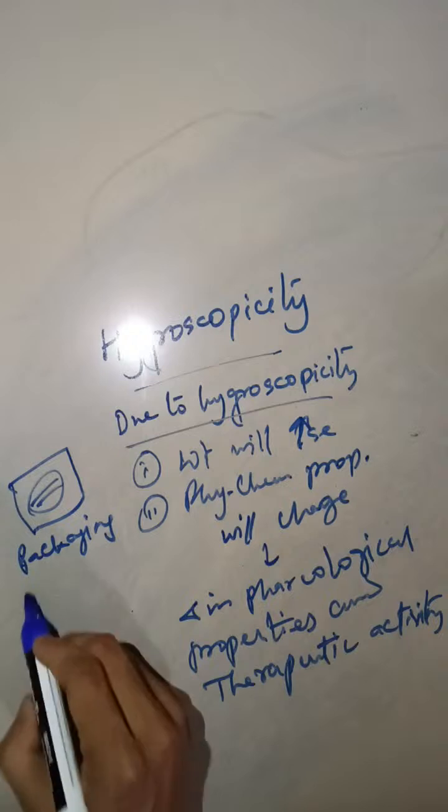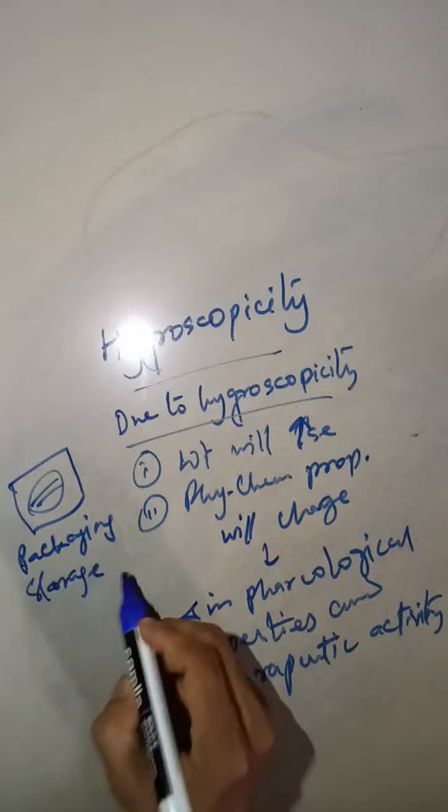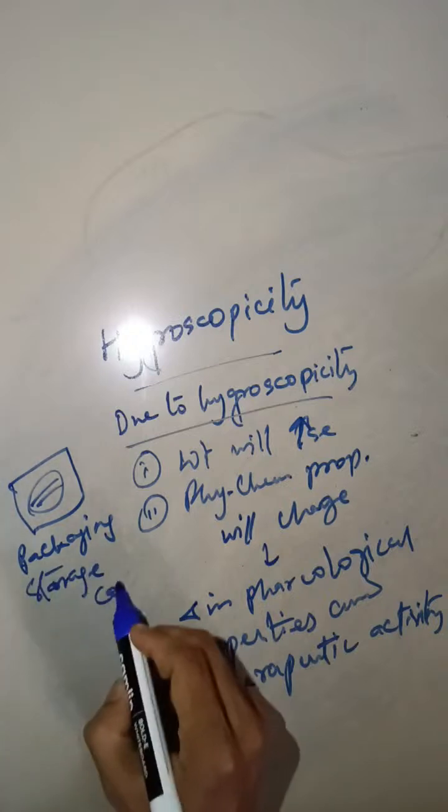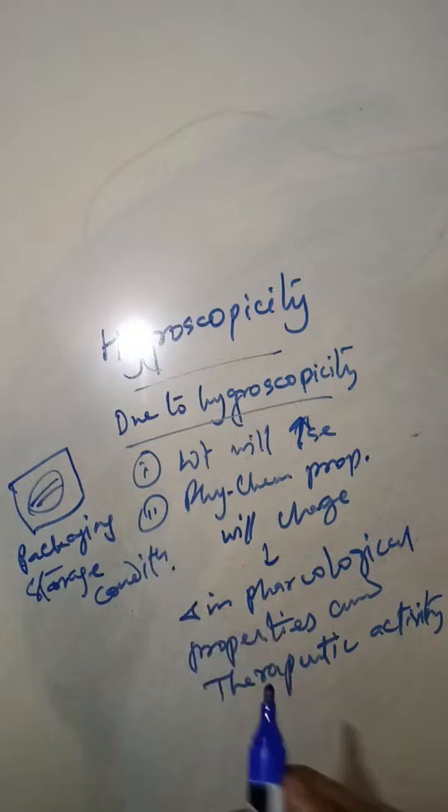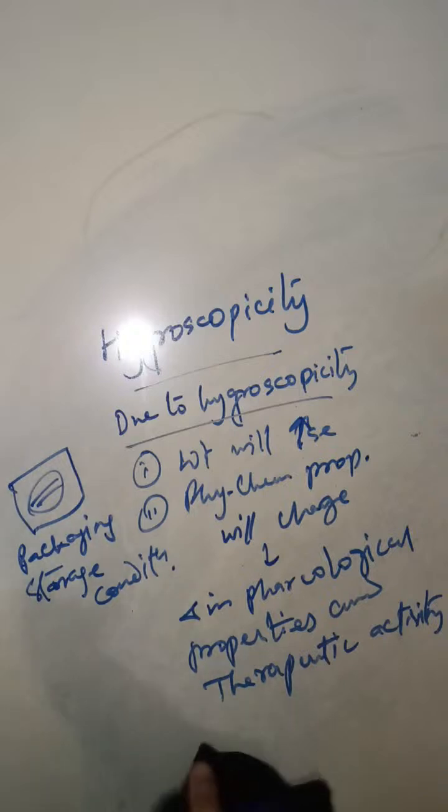Next, storage condition is also important. Next, there are three different types of hygroscopicity: one is slightly hygroscopic, one is hygroscopic, and one is very hygroscopic.